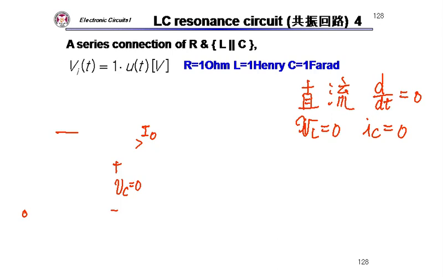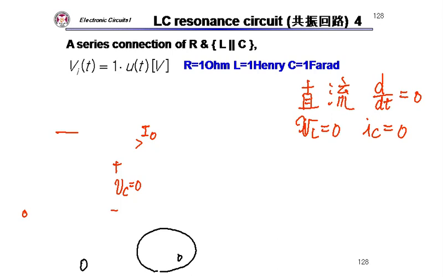Then what will happen? I have energy stored in the inductor, half L i squared, but there is 0 energy here, right? Because the capacitor voltage is 0.